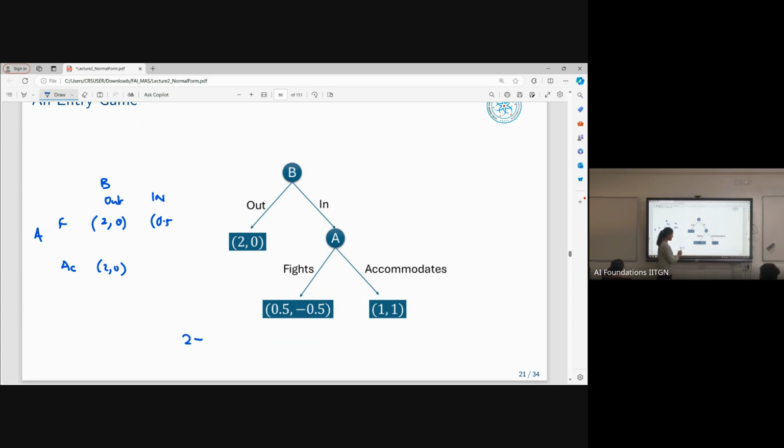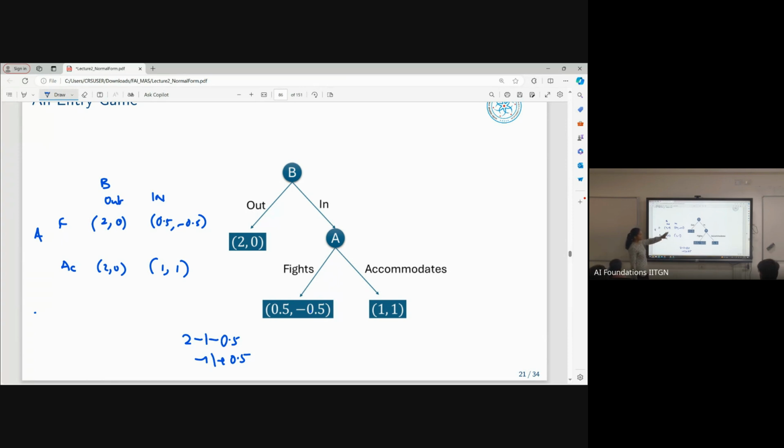It incurred a cost of 1 because of the fight, and it also lost 0.5 of its profit to B. And B gets 0.5 because B also incurs a loss of 1 because of the fight, and gets a profit of 2.5. Is it clear? So here this is 0.5 and this is 0.5. This is 1 and 1. They equally share the profit if A accommodates B.